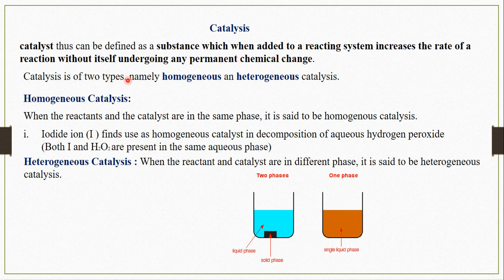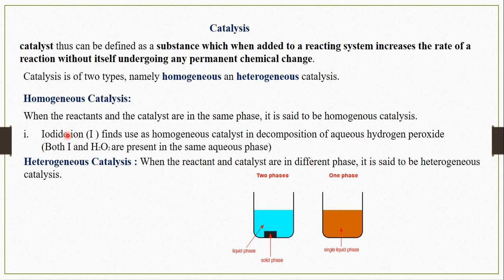Catalysts are of two types, namely homogeneous and heterogeneous. With the help of this figure you will understand the difference between homogeneous catalysis and heterogeneous catalysis. When the reactant and catalyst are in the same phase, as you can see here in a single phase, it is called homogeneous catalysis.